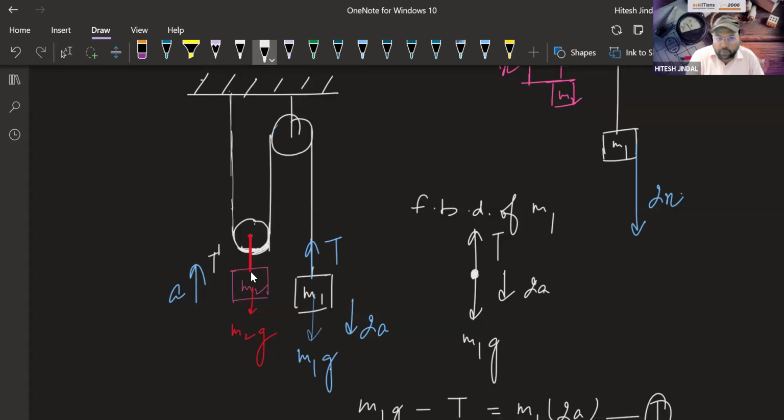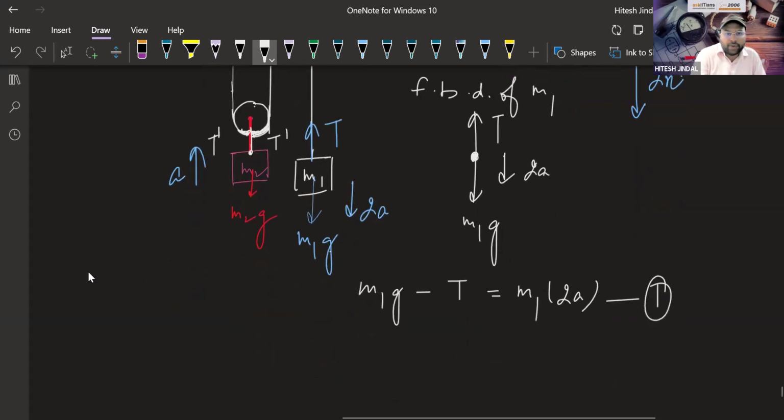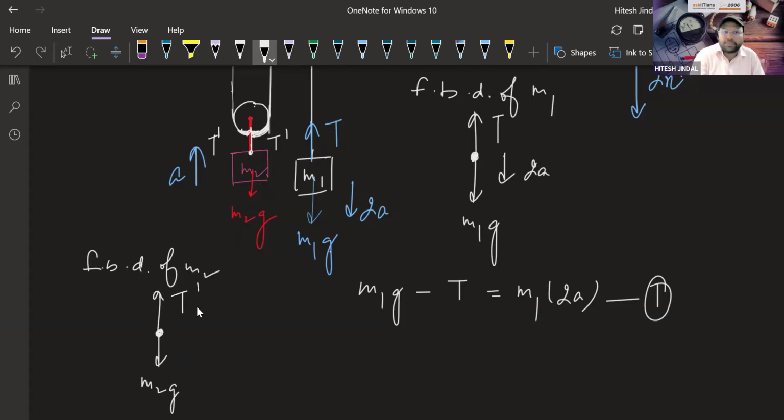It will pull this M2 with an upward force T dash. So the FBD of M2 has a downward force M2G and an upward force T dash, and it is going up with acceleration A.